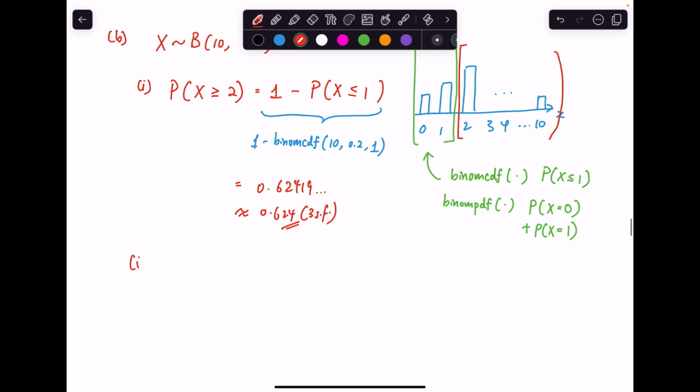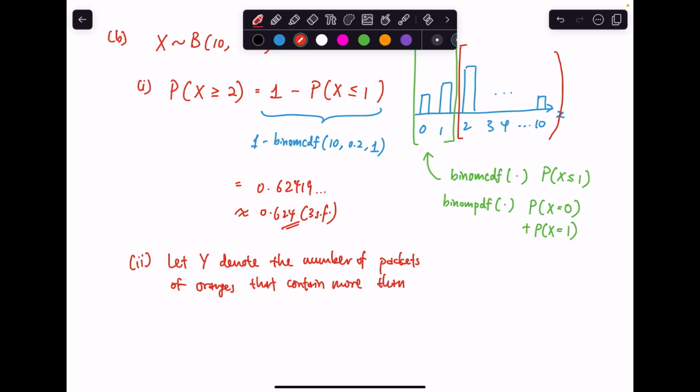So for part 2, let's denote a new variable. Let Y denote the number of packets of oranges that contain more than 1 rotten orange, out of 100.